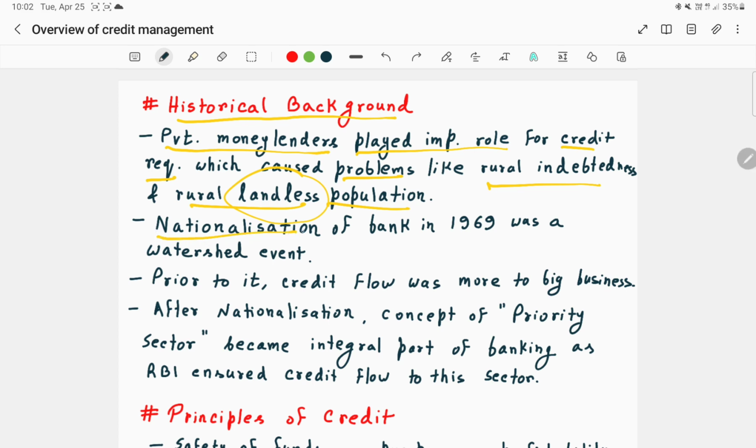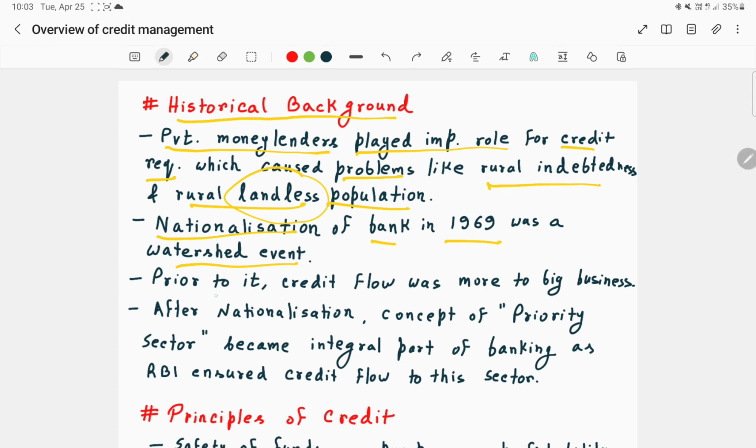Now, the nationalization of banks, which happened in 1969, was a watershed event. Okay, because before that, people used to take money from private money lenders, but after nationalization, focus on giving credit at a low interest rate to rural people was given priority, and as a result, the people of rural background were helped in many ways.